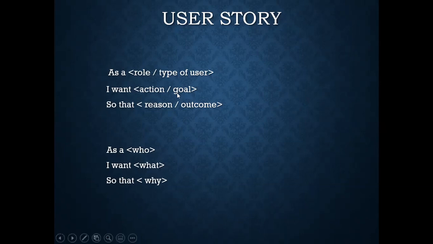This part is the action that you're going to carry out on the system. Then the reason why you are doing it, what you expect, so that when the developer is coding, they'll know that once this type of user, an online user, is doing this, they should be able to log into their account.